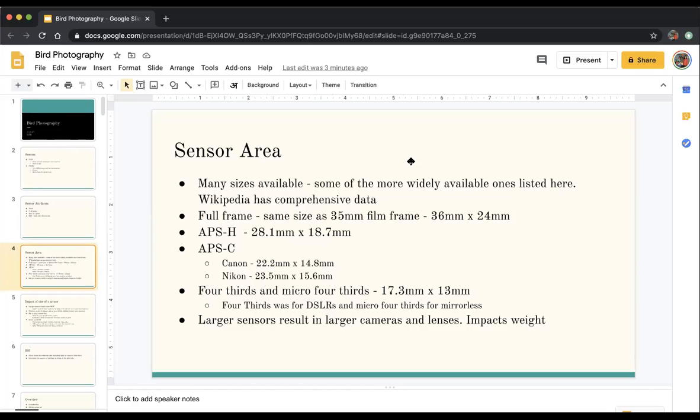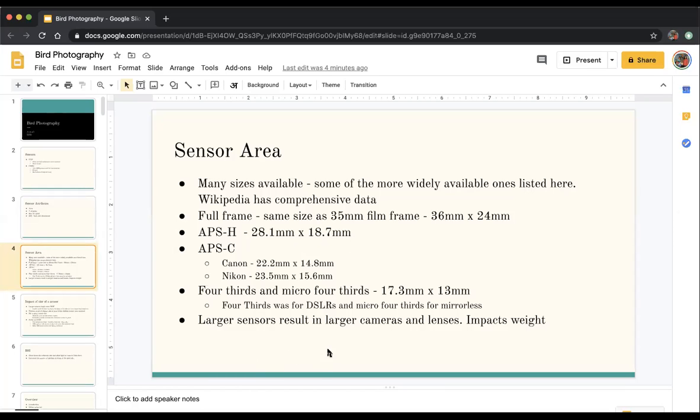The other one that's most common is the APS-C, which is the third bullet, and Canon and Nikon have a slightly different form factor for those two. Now, there are a number of others. Those are not as common.